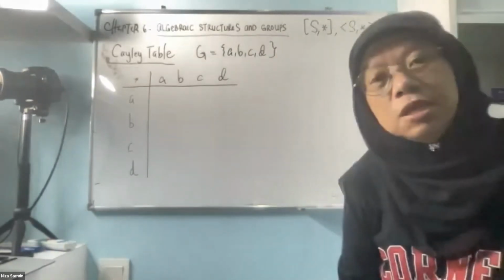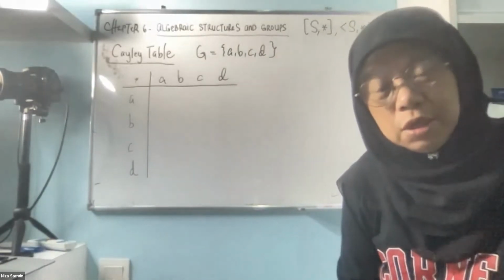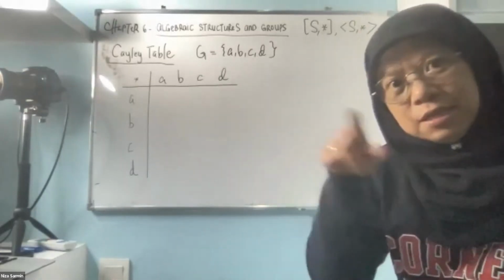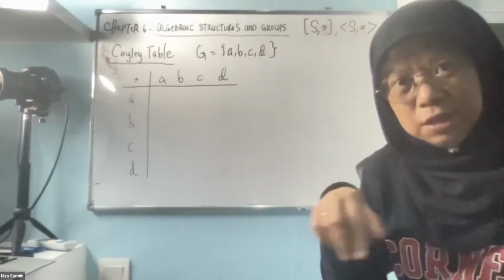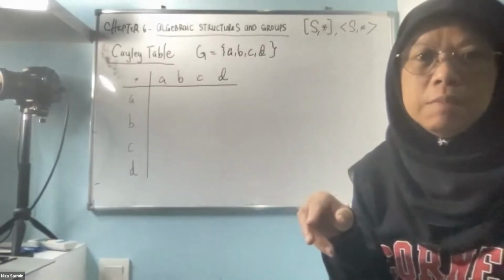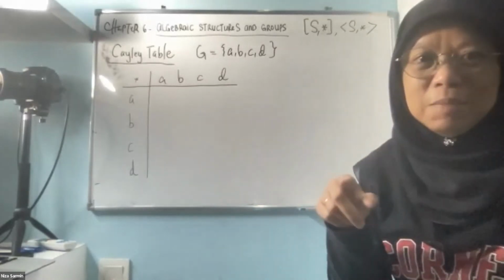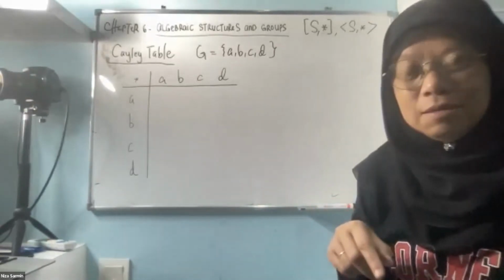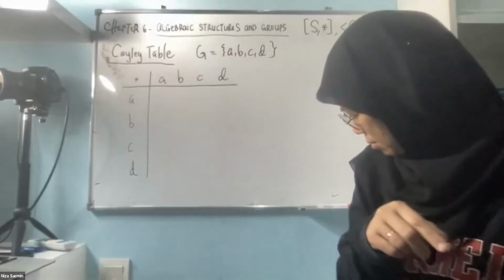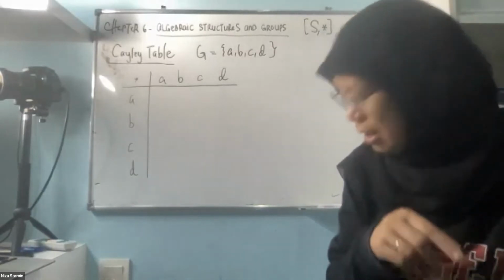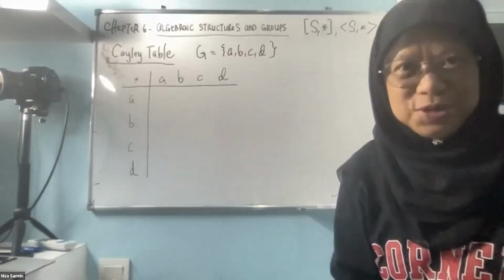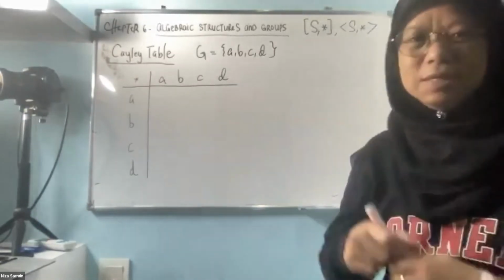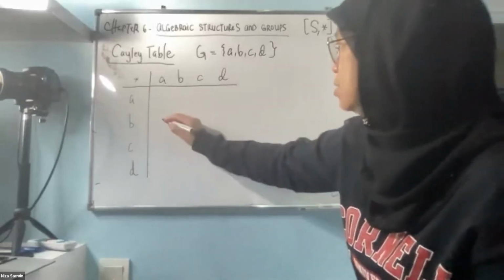Since the binary operation is closed, when you look at a table, if the elements inside the table are all just A, B, C, D, it is closed. But if you see in the table, somehow there is an F, right? Or G. Then it means it is not closed, right? So the elements inside the table show us whether it's closed or not.